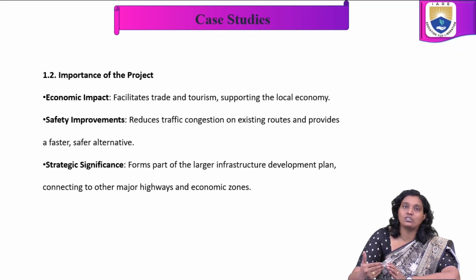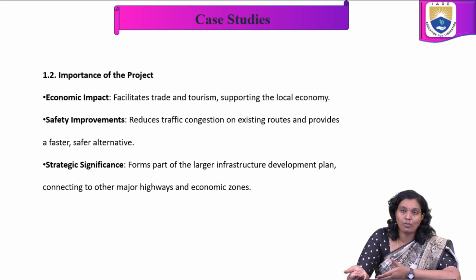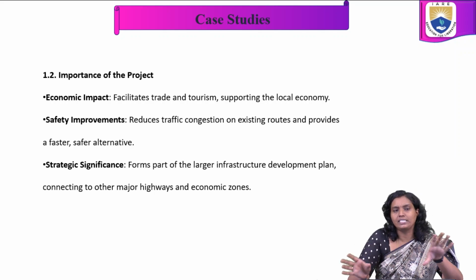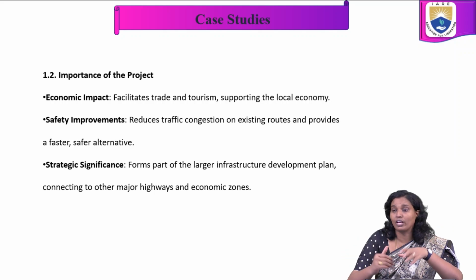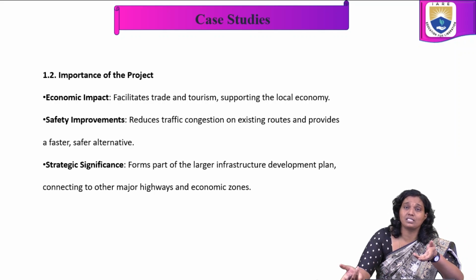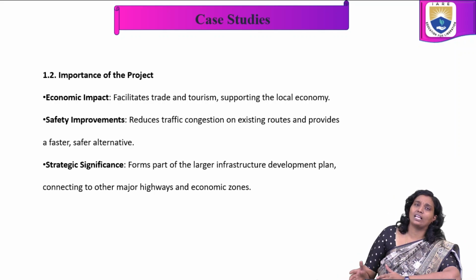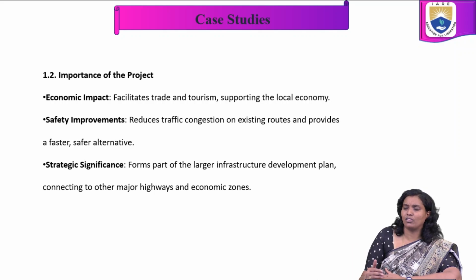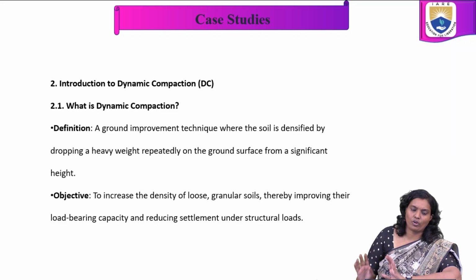So this is the importance of this particular project: the local economy, which is very important; traffic is less on existing routes as we divert traffic another way; it provides safety to the roads; and it gives more appropriate results in so many ways. So that is the importance of the project.